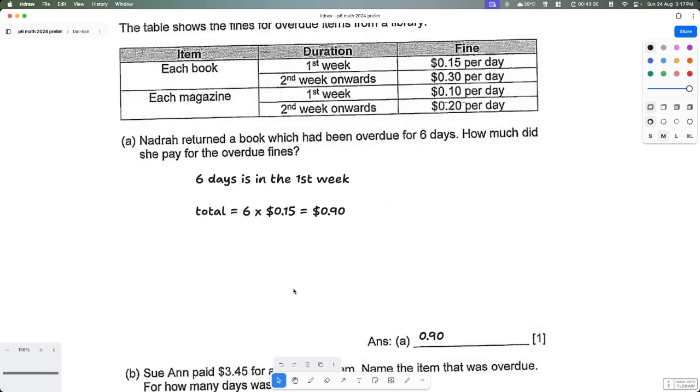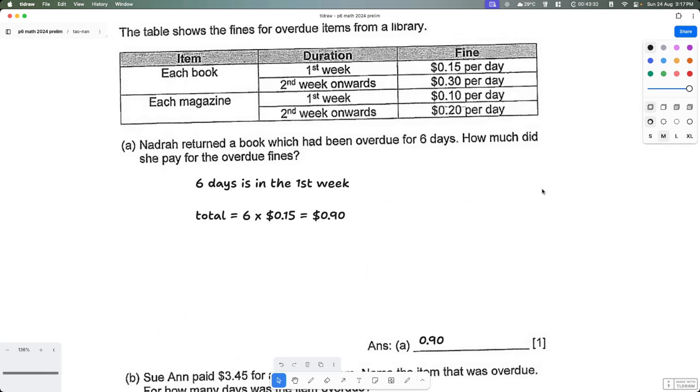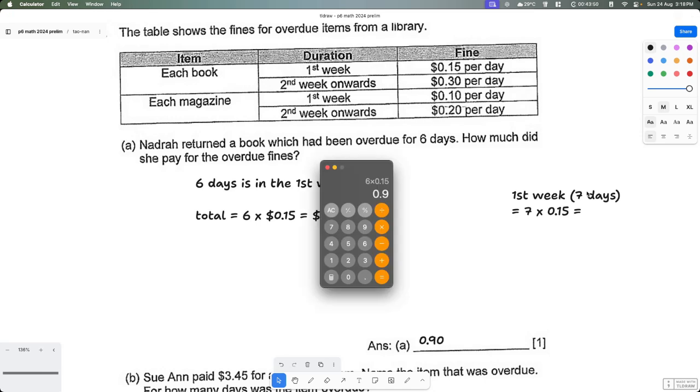So $3.45. Okay, so let's go through the first week. First week is 7 days, which is equal to 7 times 0.15. Using a calculator, this is $1.05.